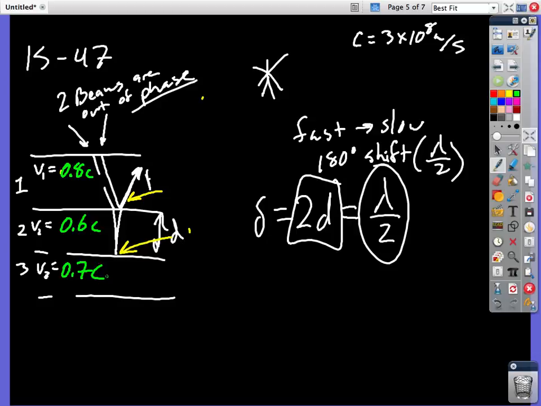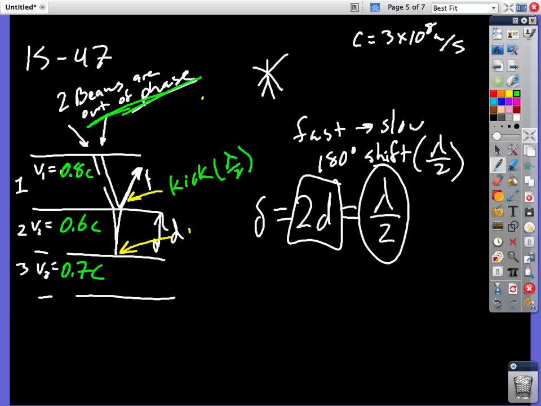Okay, so remember, we started out of phase. So we come in. What happens at the 1 to 2 boundary? Yes, there is a kick, right? And remember that kick is lambda over 2. It shifts you by lambda over 2.